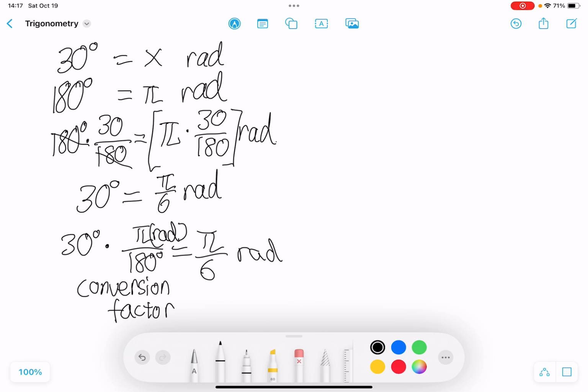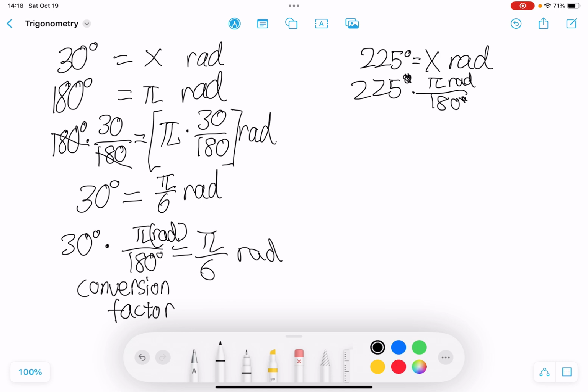And let's just do another question. Say, what is 225 degrees? Let's say this is, again, x radians. Now, using the conversion factors, you can just do 225 times pi radians over 180 degrees. Now, the degree symbols cancel out.